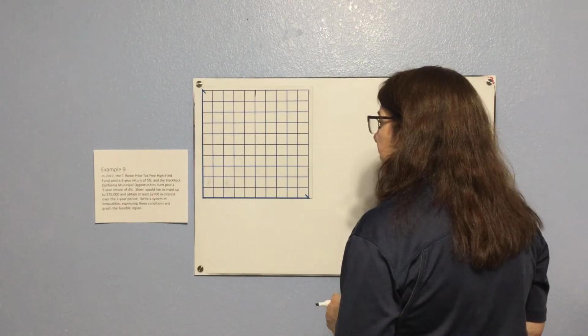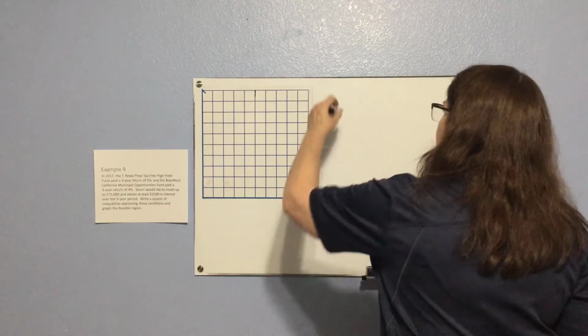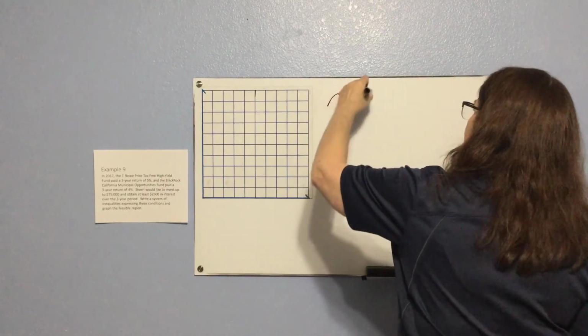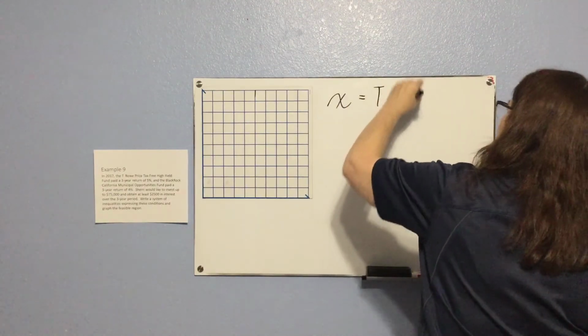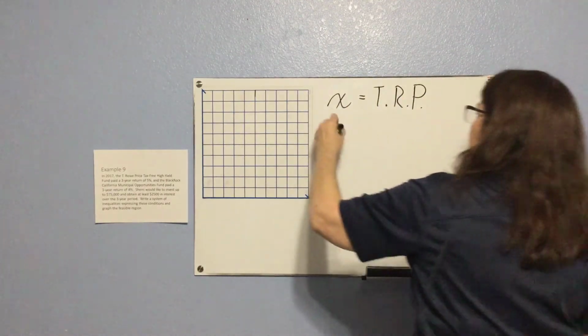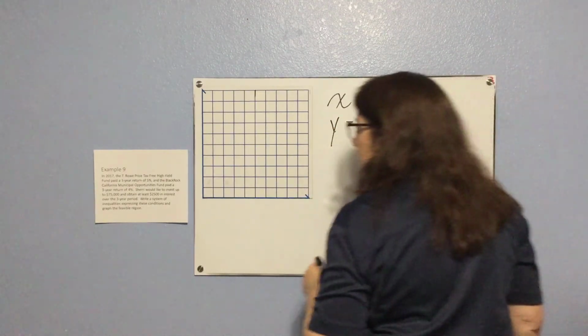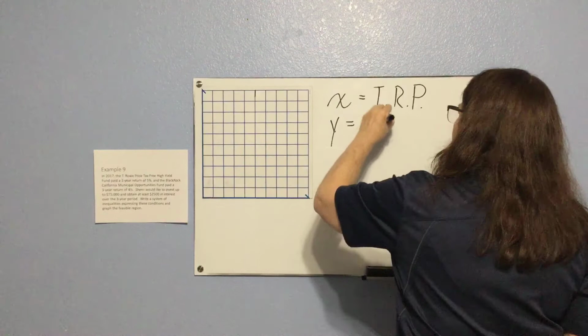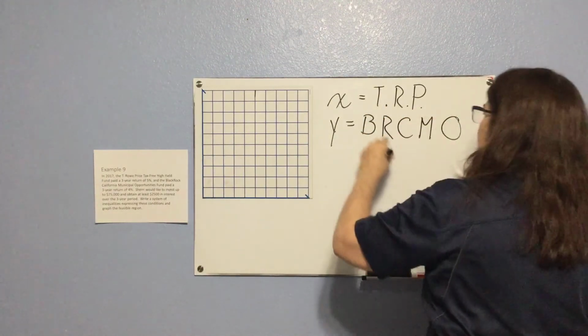So let's talk first about the money that's going to be invested. Let's say x is going to represent T. Rowe Price, and y is going to represent BlackRock California Municipal Opportunities.